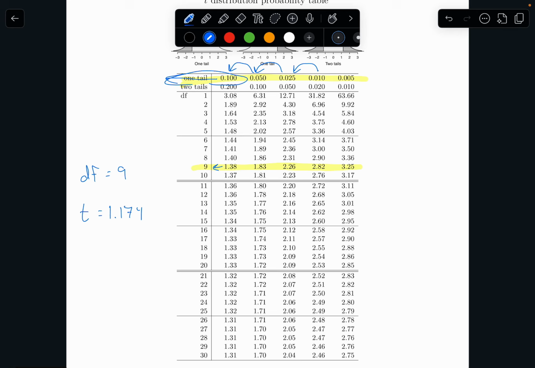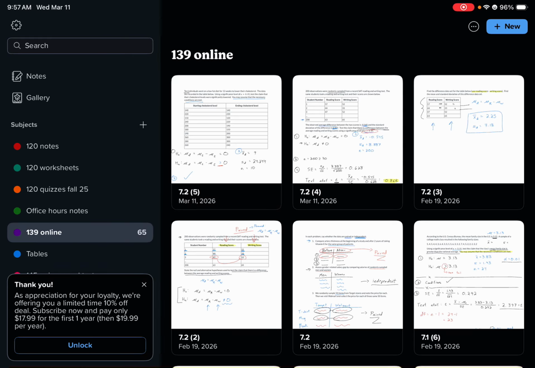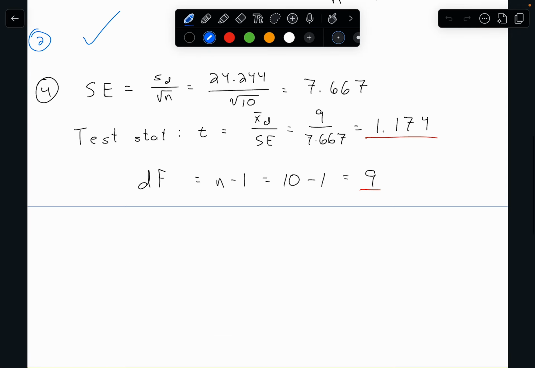So at the end of this, my estimation for my p-value, it is greater than 0.1. So hopping back to my problem here, based on our calculations, the p-value is greater than 0.1. That's enough information for me to make my decision at the end of this problem.